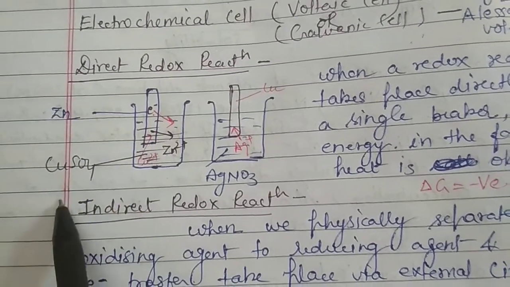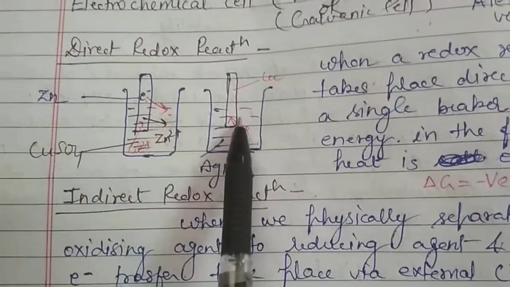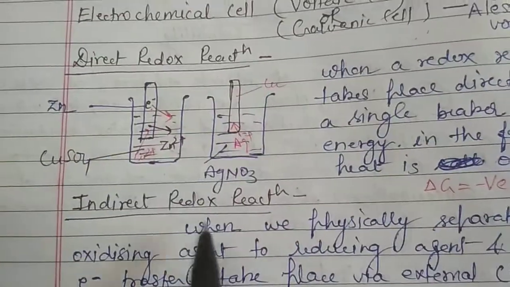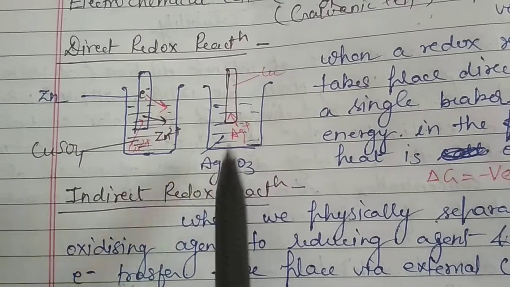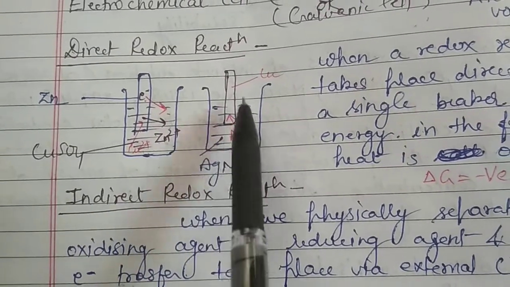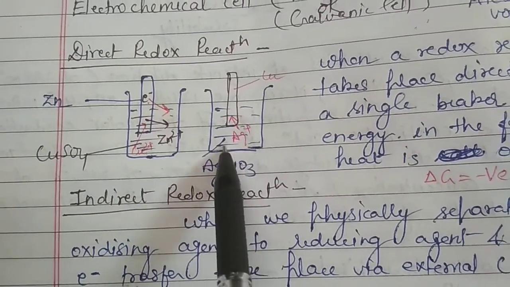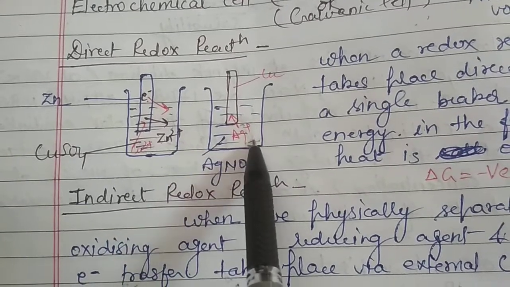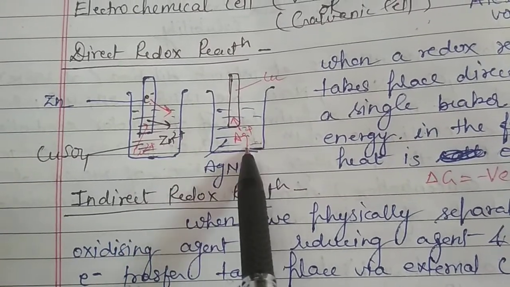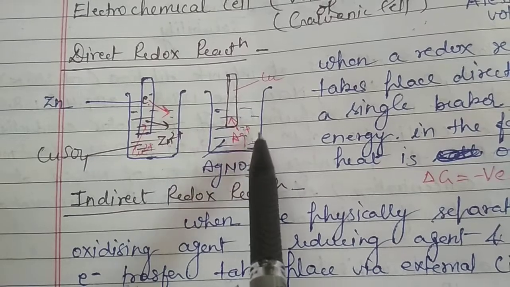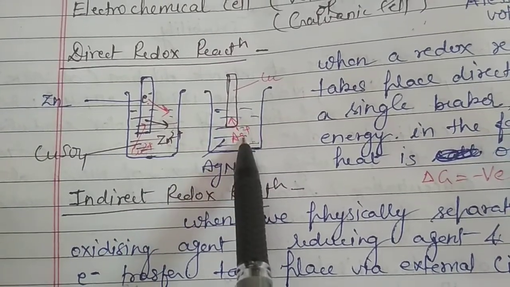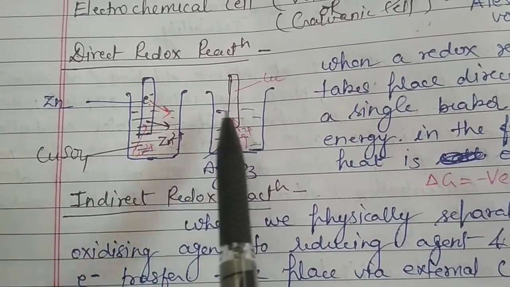on this zinc rod. In a similar manner, if I take a copper rod in silver nitrate solution, in this case copper gets oxidized and copper ion moves towards the solution, and silver ion, after taking electrons, means by electronation, is deposited on the copper rod.